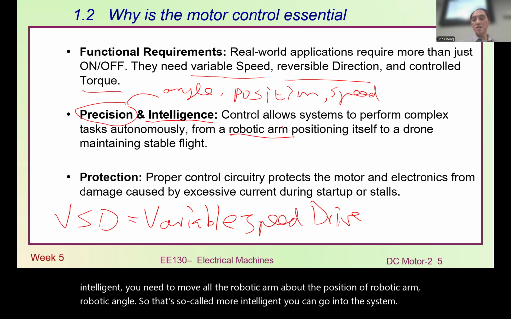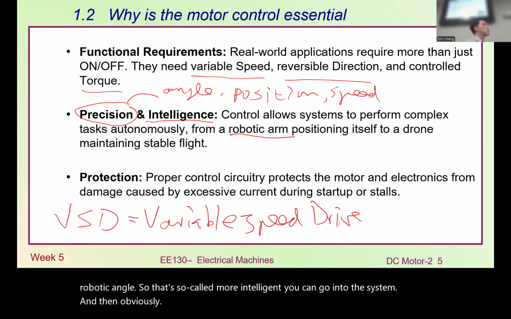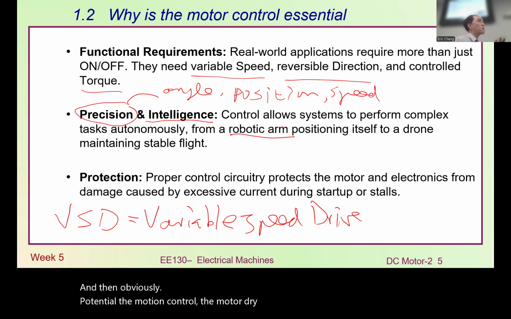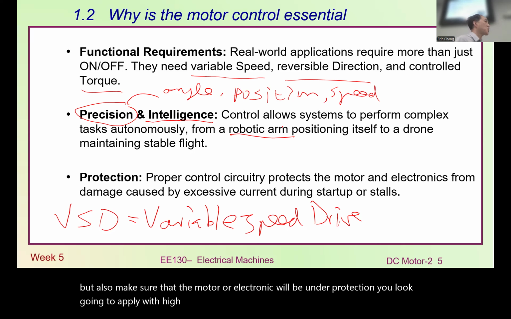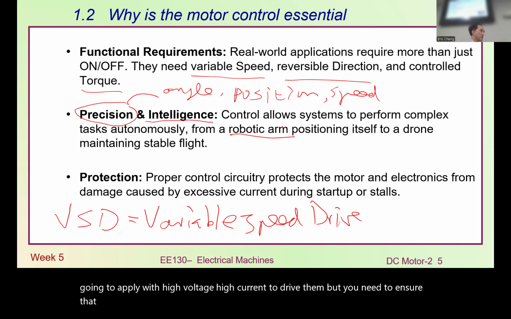And then obviously protection. The motion control, the motor drive, not only provides you all the motion, but also makes sure that the motor and electronics are under protection. You're not going to apply high voltage and high current to drive them, but you need to ensure that all this operation will be safe.